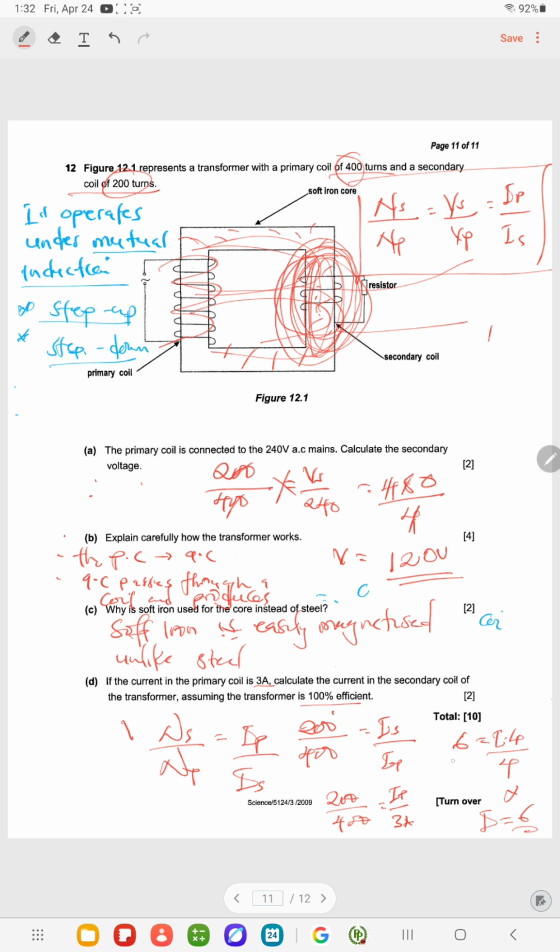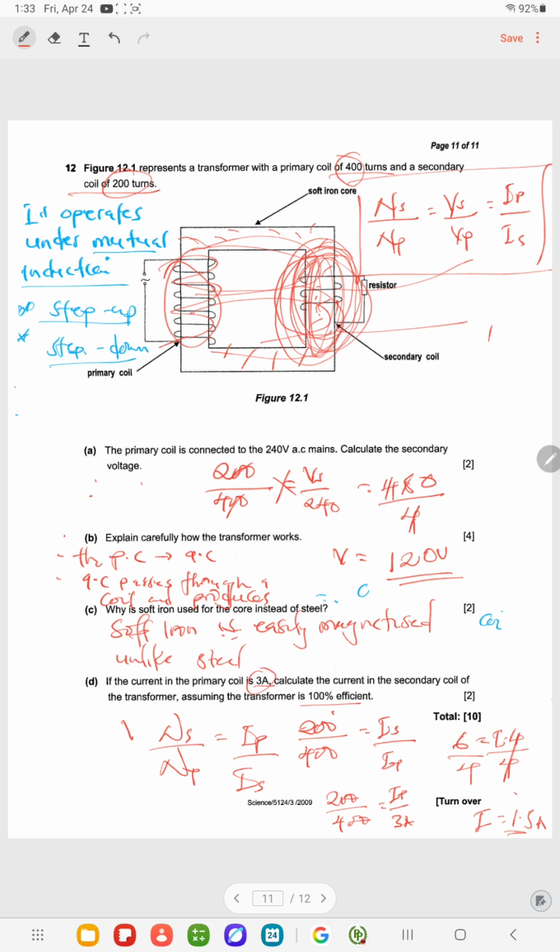Then we divide by 4 on both sides and cancel. So 6 divided by 4, our current now is 1.5 amps, which is correct, because if you reduce the turns by half, you also need to reduce the current by half. They go in ratios.